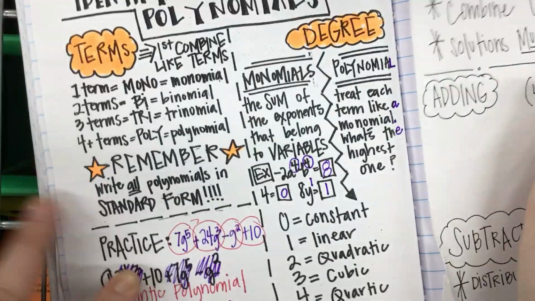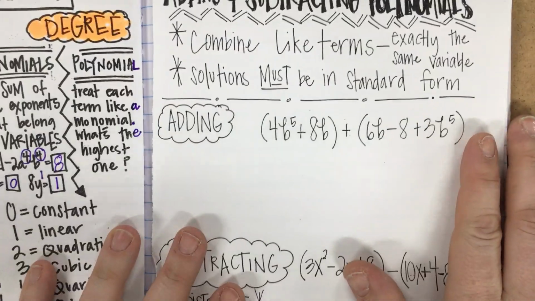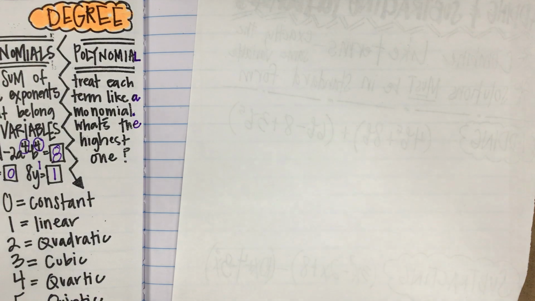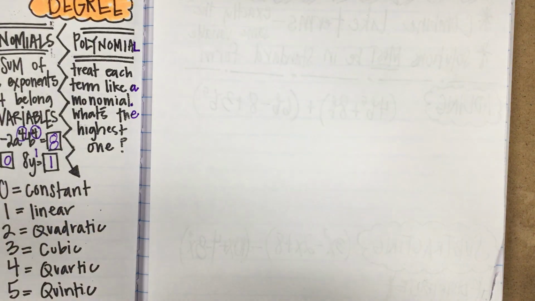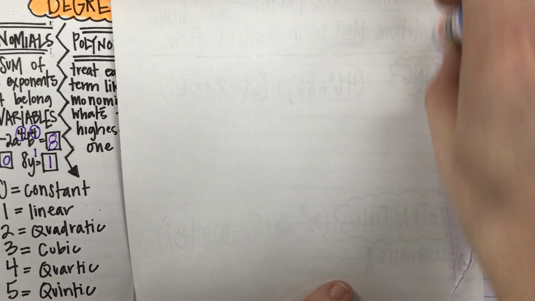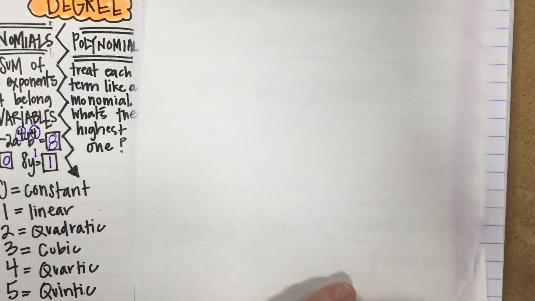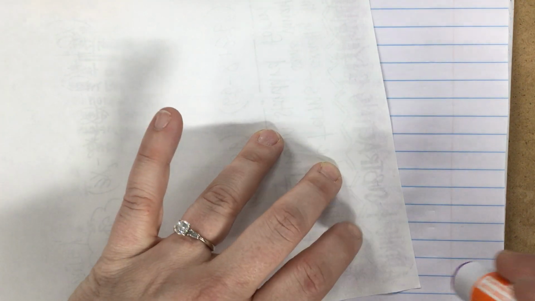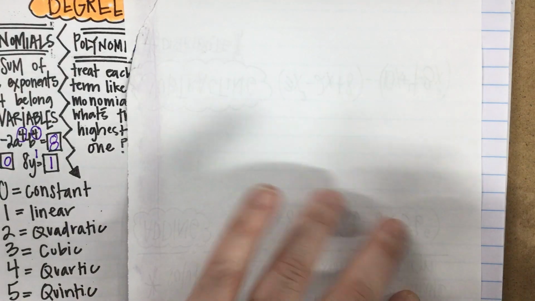Who wants to see my rap? It's not better, I just made a rap. When we start the next unit, it has to be in standard form, so we're practicing it now. I'm getting too hot right now.